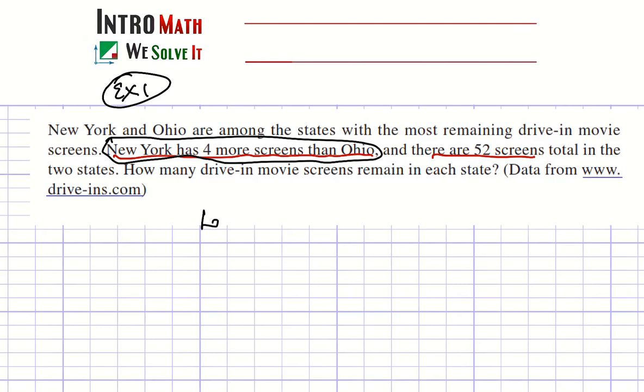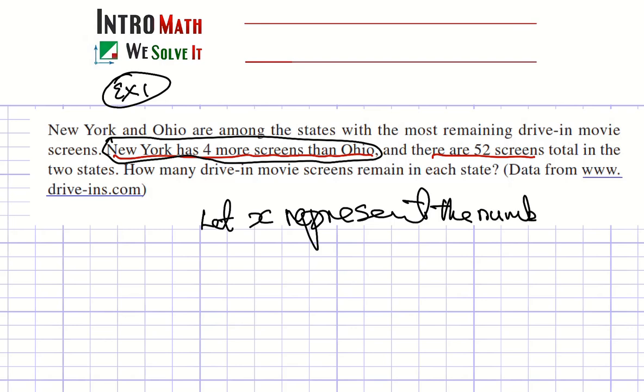So we'll say let X represent the number of screens in Ohio.